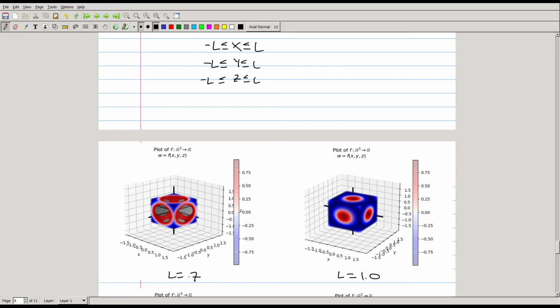If we zoom out a little bit, so this is now from -1 to 1 in x, y, and z, we see sure enough that it starts here on the sphere at 1, and then it decreases down to -1, and then it starts to increase again, and it appears to be spherically symmetric.